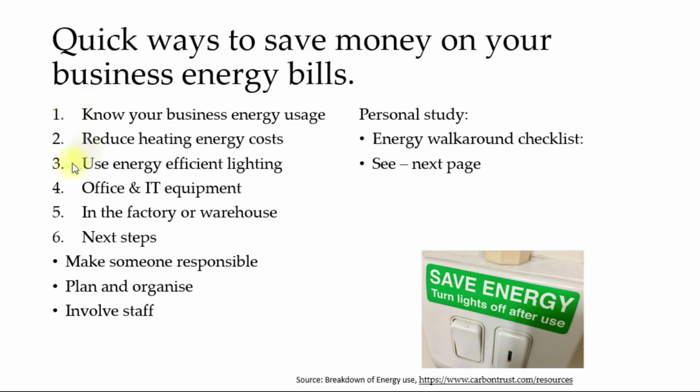The second is reducing the heating energy cost by implementing other initiatives within the heating systems. There is the opportunity to use efficient lighting, such as LED lighting. And then there is the opportunity for office and IT equipment upgrades using more energy efficient equipment.